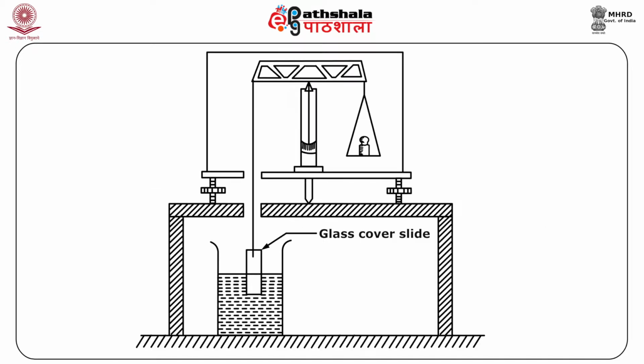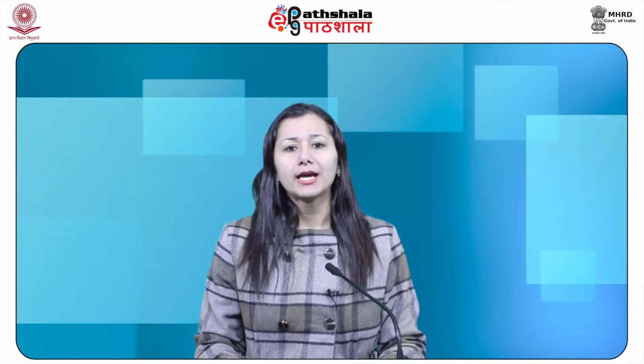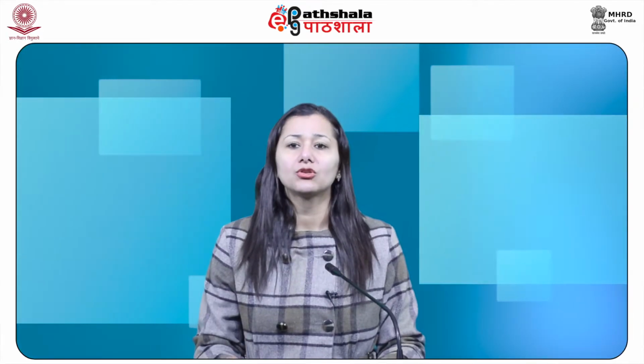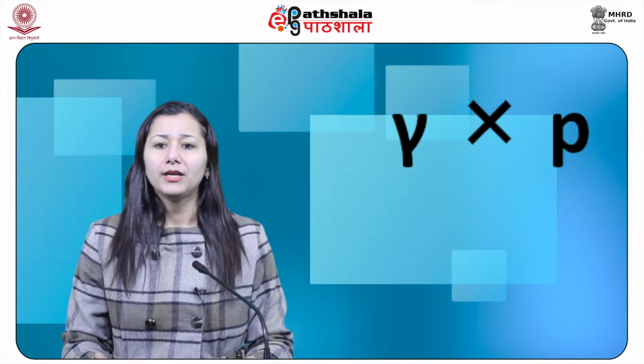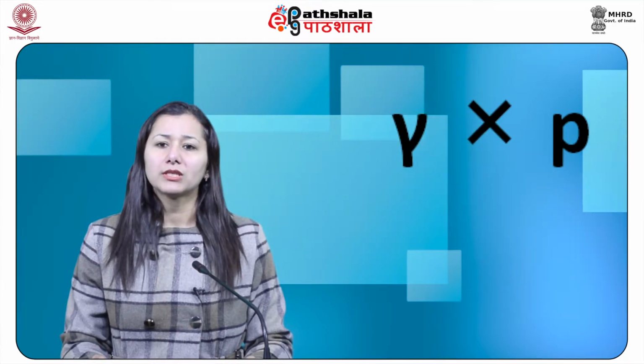Another method similar to the ring pull method is the Wilhelmy slide method. The figure shows the Wilhelmy slide apparatus. An extremely thin plate such as a microscope cover glass or a mica sheet is hung from one arm of the balance and is allowed to dip in the solution. This is shown in the figure. The downward force acting on the slide due to surface tension is gamma into P, where P is the perimeter of the slide.